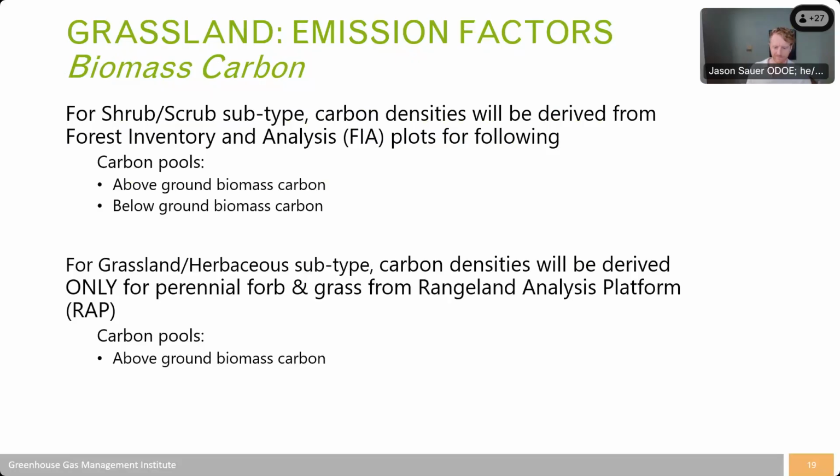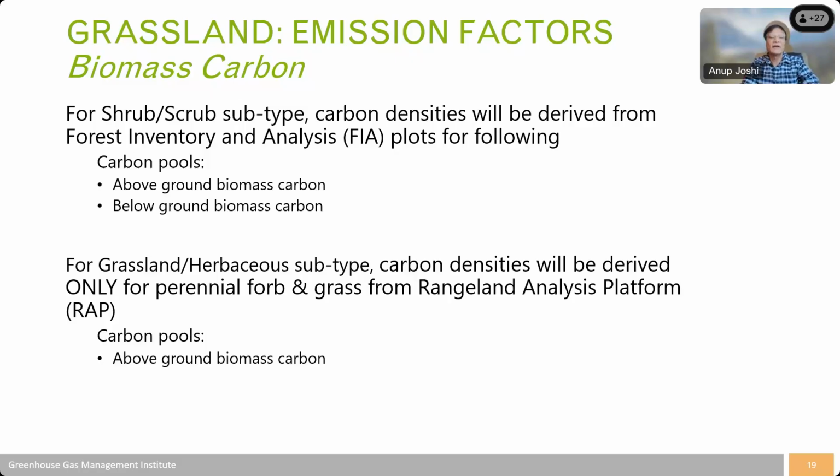Okay, from the NLCD, there are two grassland categories or classes. They have the scrub subtype and grassland herbaceous. To make them easy to track, we call it subtype. For the scrub subtype, carbon densities will be derived from Forest Inventory and Analysis, plus for the above ground biomass pool and below ground biomass pool.